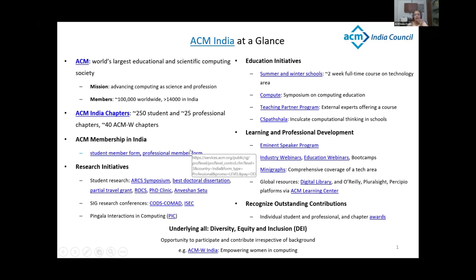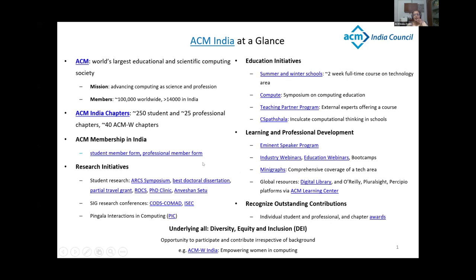And there are several education initiatives: summer schools and winter schools, which run for an extended period of 2 weeks. One of these schools will be exclusively for women. Then there is the Symposium on Computing Education, COMPUTE, which is organized annually.